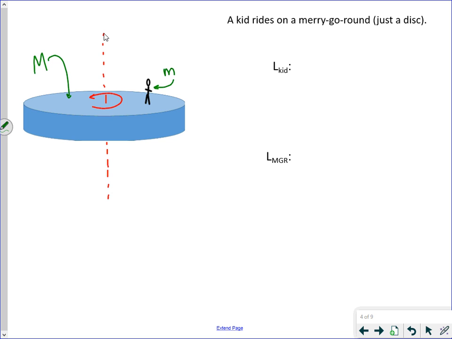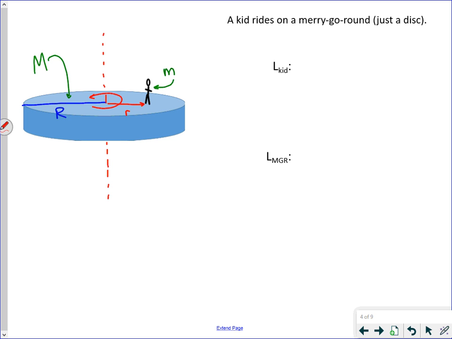The disc has an overall radius r. And we can locate this kid relative to this central axis with a vector. Let's say he's a distance r away from that axis.